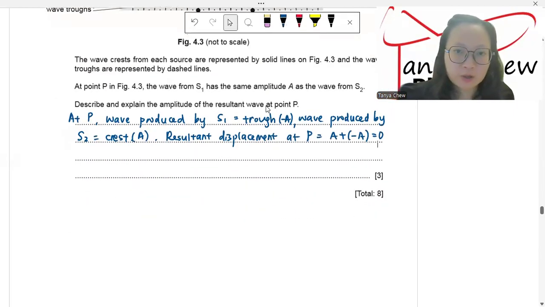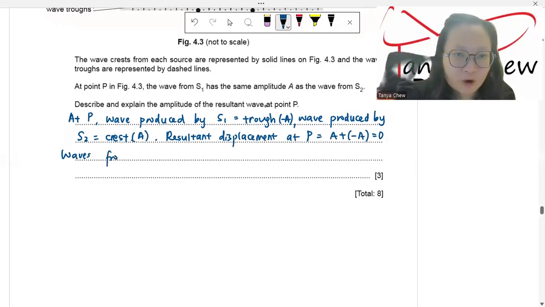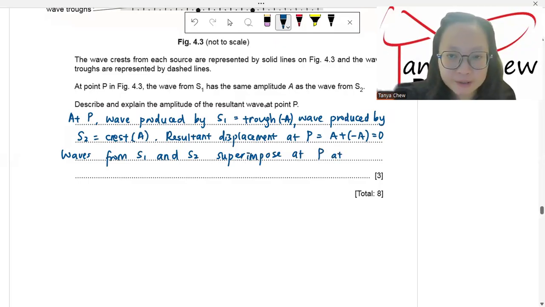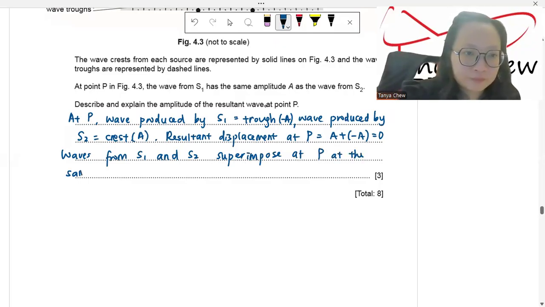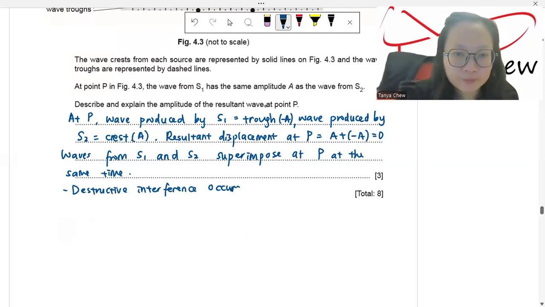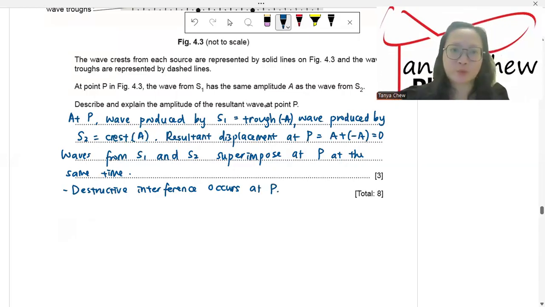So I would say that waves from S1 and S2 superimpose at P at the same time, destructive interference occurs at P. That is why the resultant displacement is equal to 0.